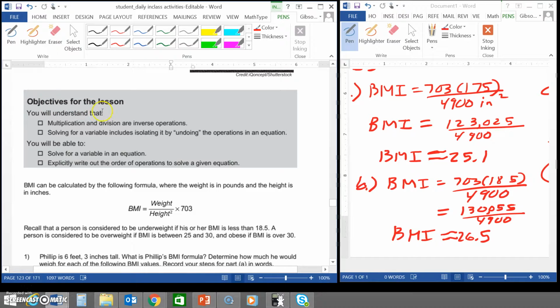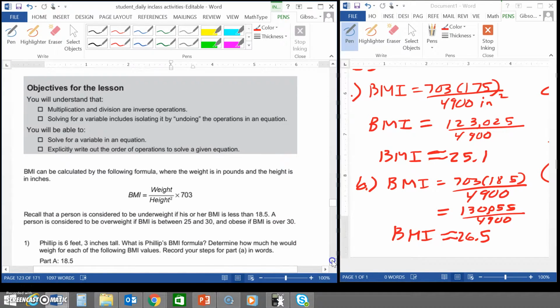Now it says here, objectives for the lesson. You will understand that multiplication and division are inverse operations. Solving for a variable includes isolating it by undoing the operations in the equation. And you will be able to solve for a variable in an equation. Explicitly write out the order of operations to solve a given equation. Now if you notice here, we're still dealing with BMI.